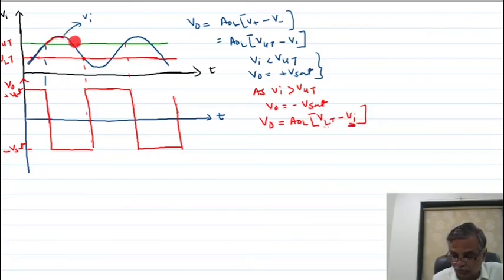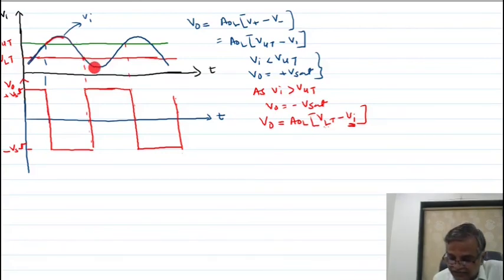So this is the input voltage, it is more than VLT, so my output is negative. As Vi becomes less than VLT, then output becomes positive. See, look, this Vi is more than the VUT, so output becomes negative. So as a result, my equation is changed. As the equation is changed, now this Vi should be less than VLT to get your output positive.